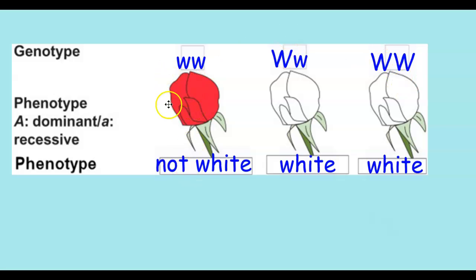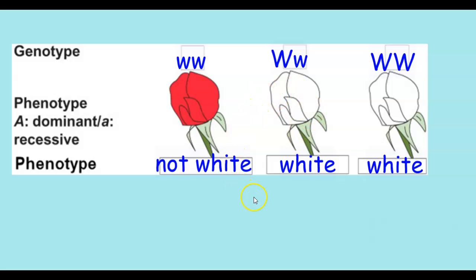Well, why, you might ask, isn't it pink? White and red blended together make pink, and that does actually happen. But the traits we're talking about today in our lab are going to be caused by just one gene. In the real world, things like color, how tall somebody is, or how many fingers you have are probably caused by more than one gene, so there can be some blending effects.